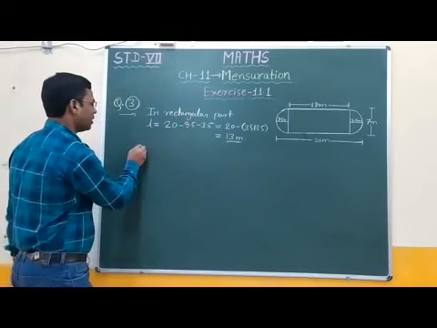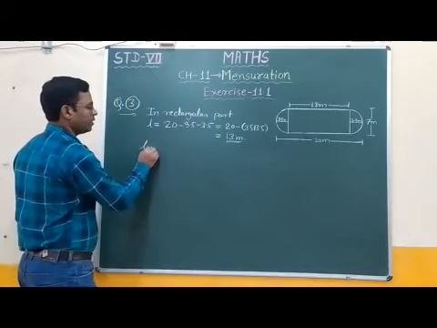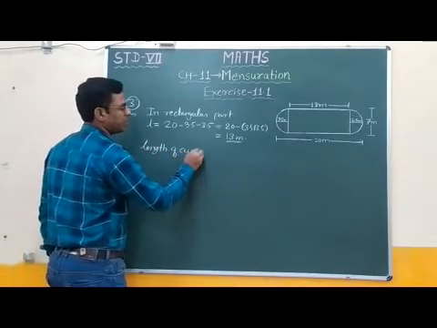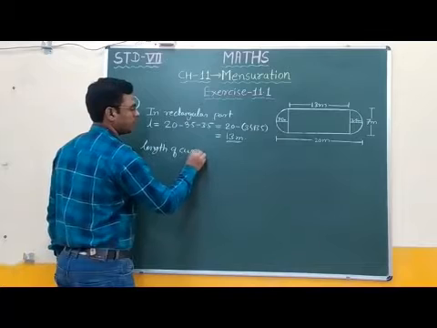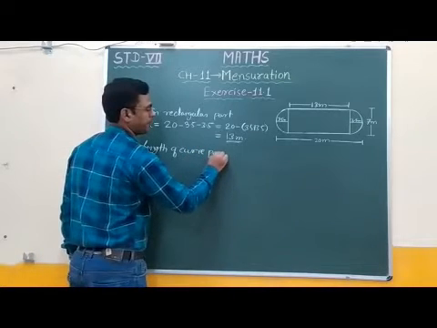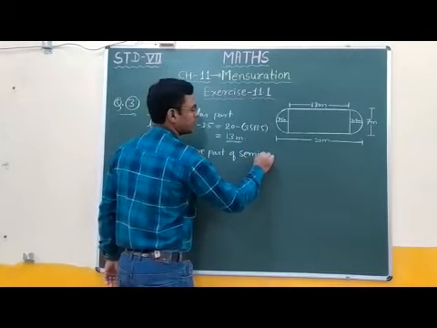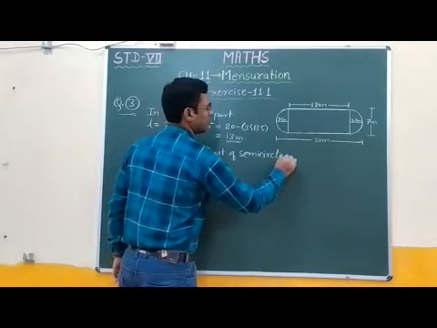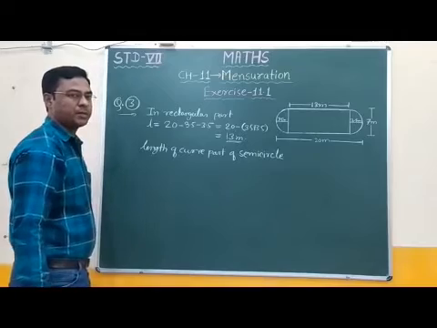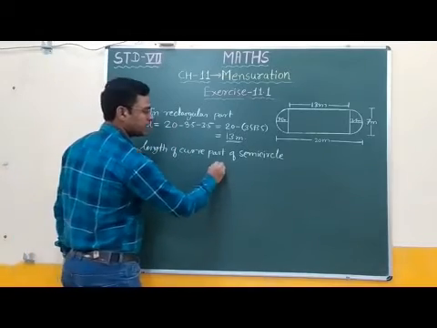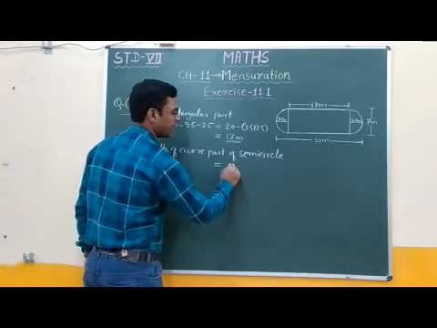Therefore we can write here the length of the curve part of the semicircle, which is equal to the perimeter of this semicircle, and the formula for this is pi r.